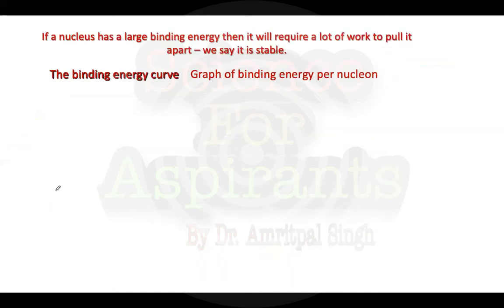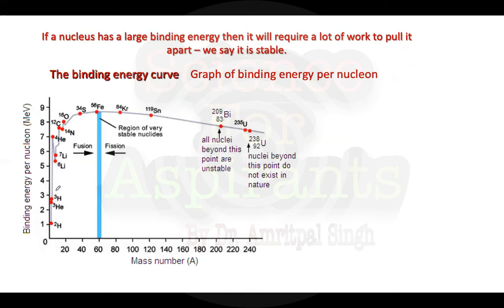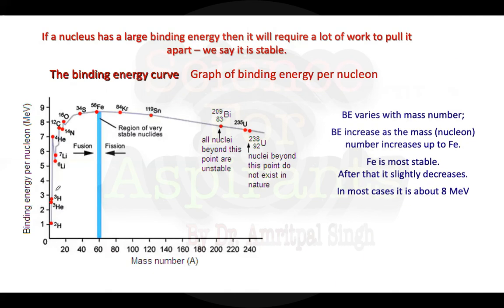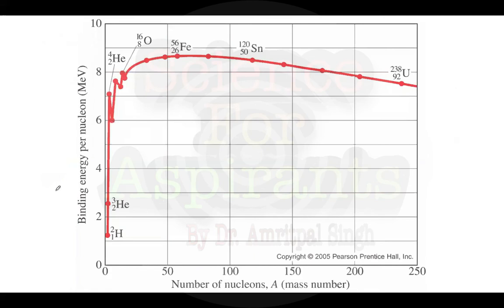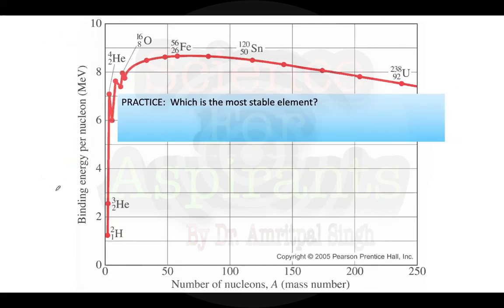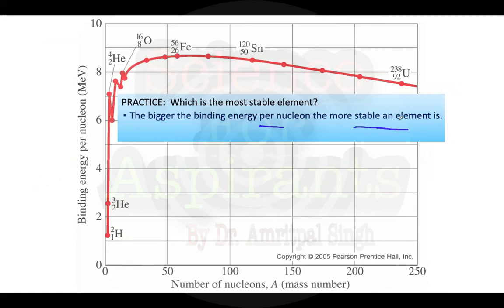This we have already discussed in our previous lecture, so I have talked in brief. This curve tells a large number of things: the most stable isotope is iron, which is the most stable element. The bigger the binding energy per nucleon, the more stable an element is.